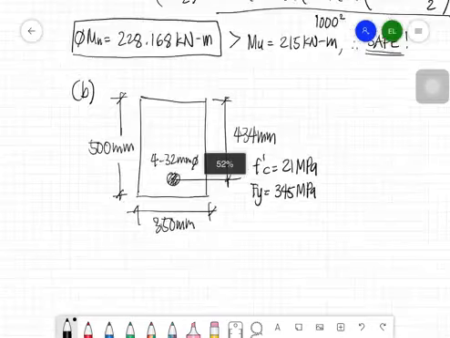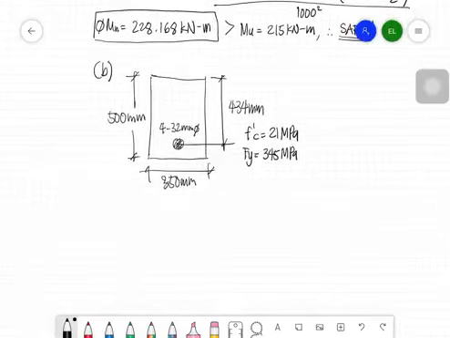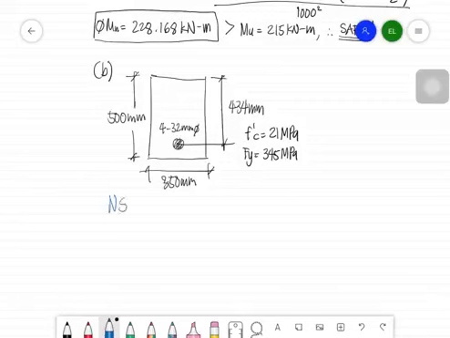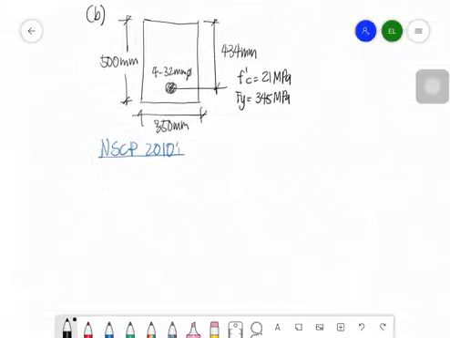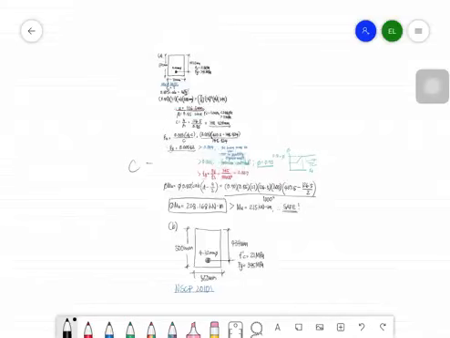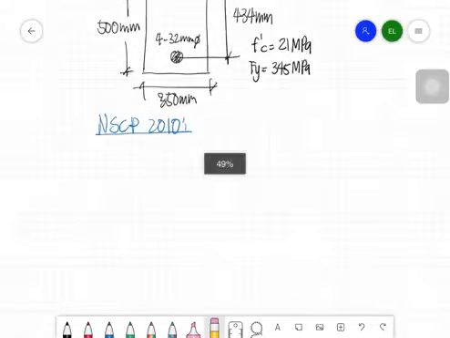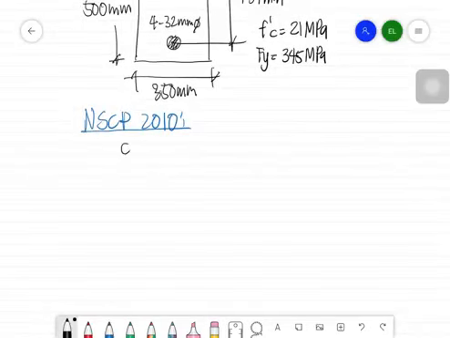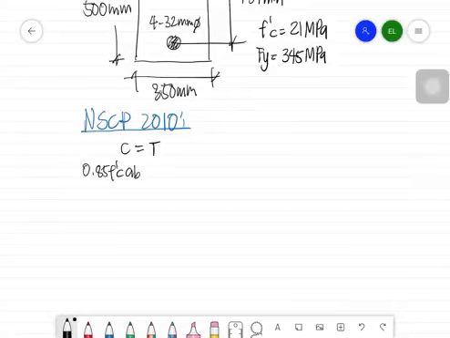Again, going back to the steps for NSCP 2010, calculate a. We have C equal to T, which is 0.85 f'c a b equal to As fy.